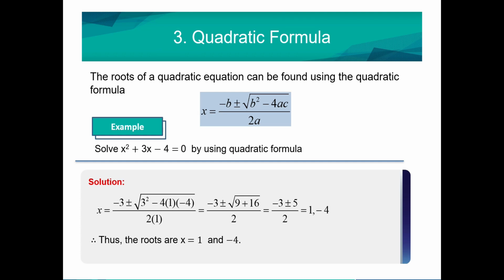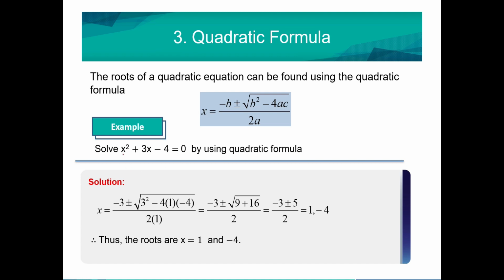Alright, the third method is by using the quadratic formula. The formula is given by this: x equal to minus b plus minus square root of b squared minus 4ac, over 2a. For example, x squared plus 3x minus 4 equal to 0. So we want to find the value of x in this equation that satisfies the whole equation equal to 0.